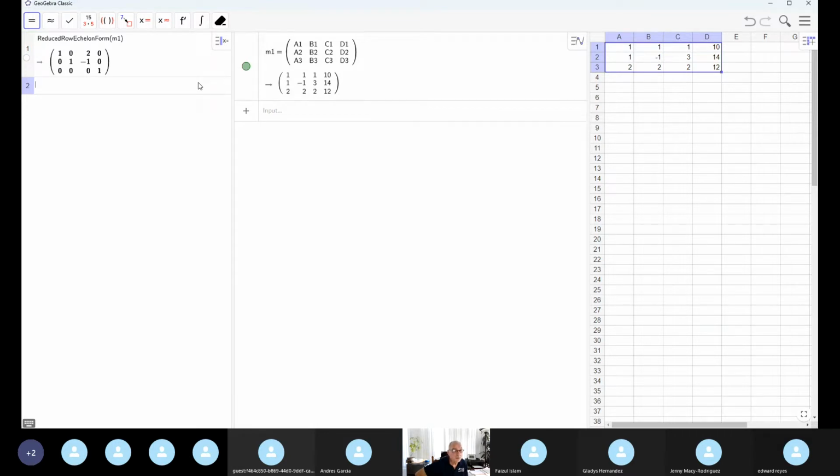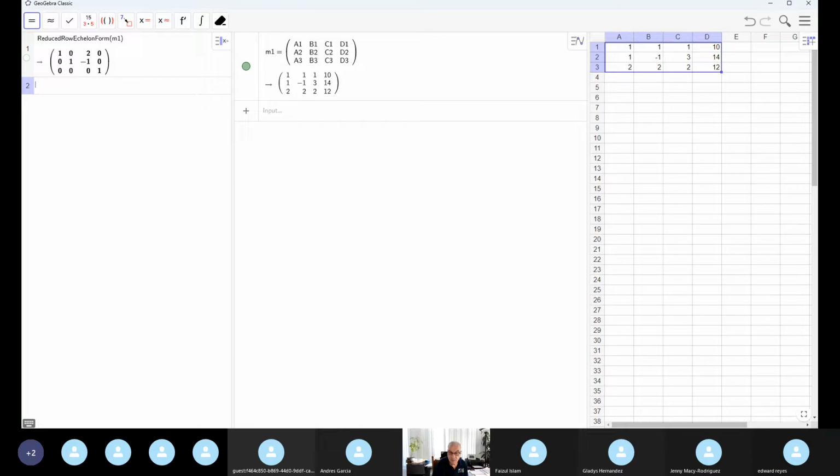And in this answer I can see no solution, because in the last row we have 0, 0, 0, and 1. That means 0x plus 0y plus 0z is equal to 1. This is a contradiction. Cool, Jenny? Yes, cool. Let me come back to the whiteboard now.